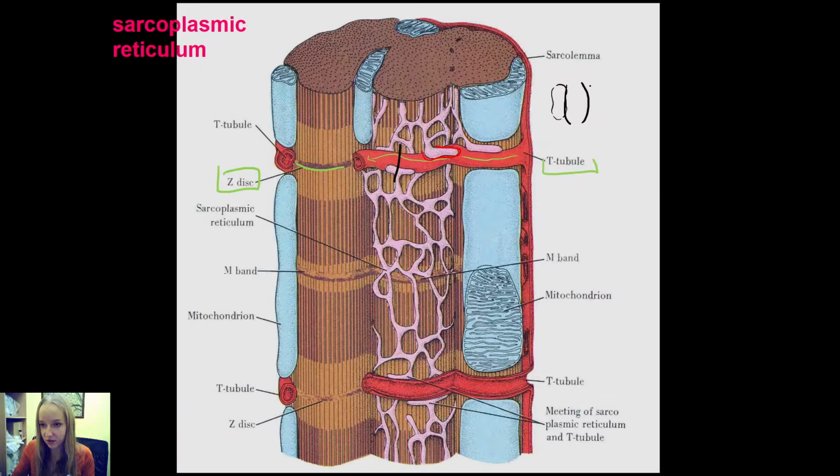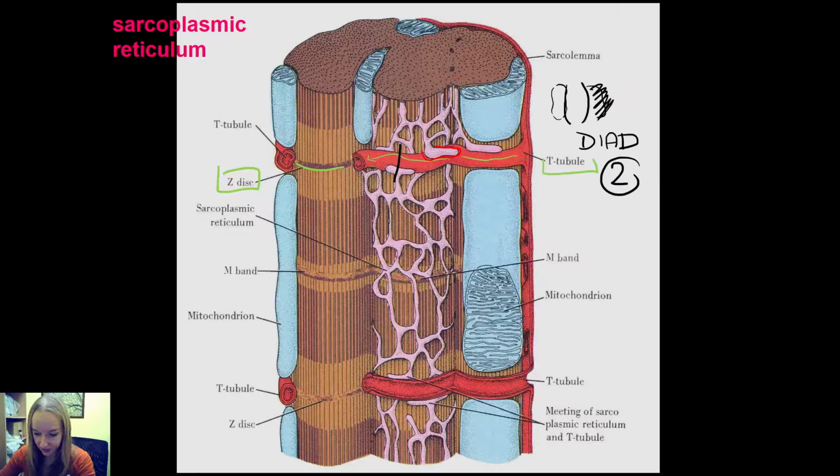But we're not able to see another terminal cisterna or widening. That's why it's called a dyad. Not diet, but dyad. I don't know the correct pronunciation. Like there are two things together. So there's only on one side the terminal cisterna or this widening of a sarcoplasmic reticulum. You can also call it terminal cisterna, it doesn't really matter.